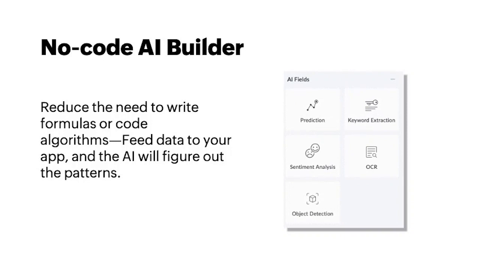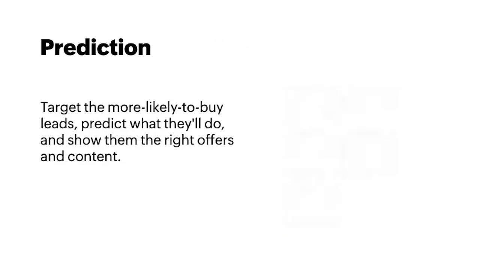So we have different AI feeds that you can add on your application and help you automate your tasks. So let's try to see what are these AI feeds. First is the prediction. So what is prediction?